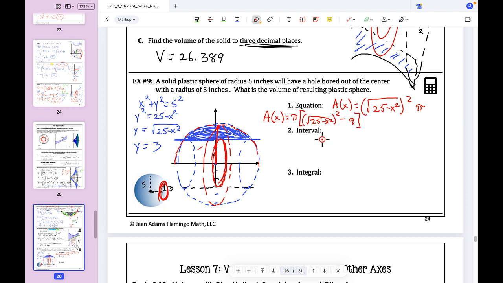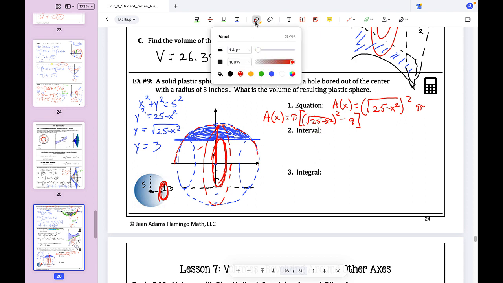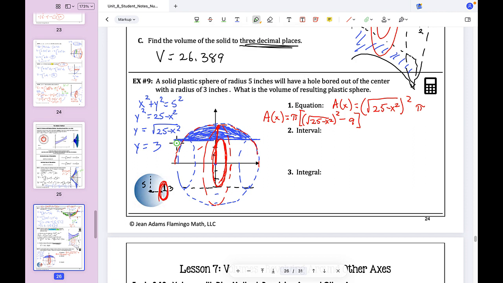Okay, so what's the interval I'm talking about? This is kind of a tricky problem. What are these points here? Where do they intersect? Where does the square root of 25 minus x squared intersect with 3?